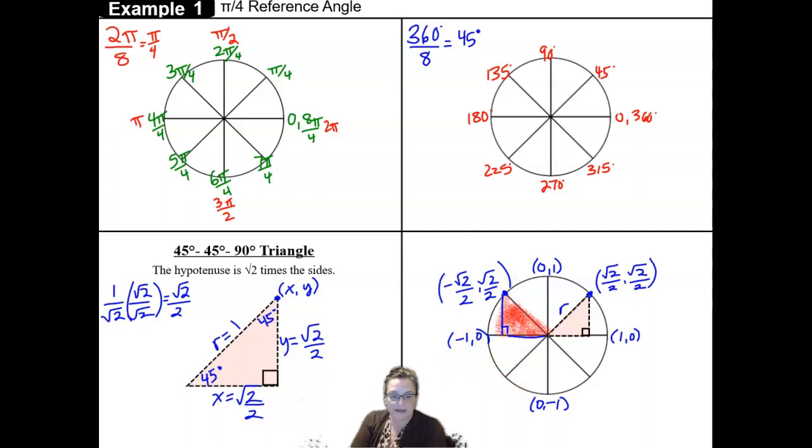Okay, similarly, if I reflect that reference triangle into quadrant 3, now I'm going to have a coordinate where both the x and the y are negative. So the magnitude stays the same, the sign changes.